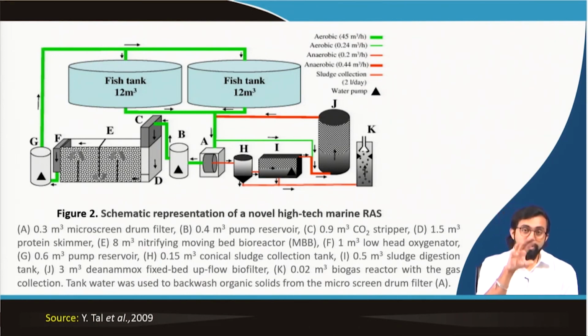From there it goes to the biogas collecting unit, number K. And the water, which is purified in number J, the fixed bed outflow bioreactor, comes back to the initial microscreen drum filter, and this way the whole recirculating aquaculture system works.